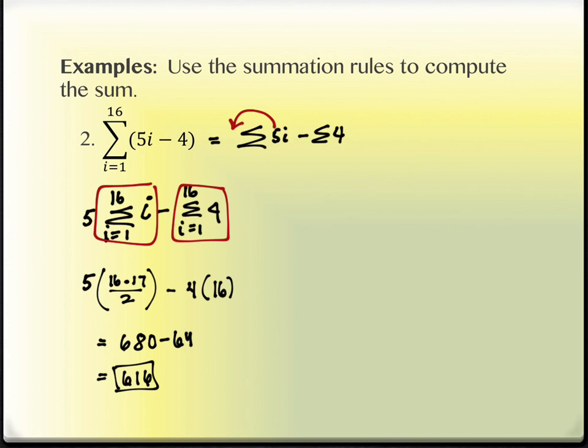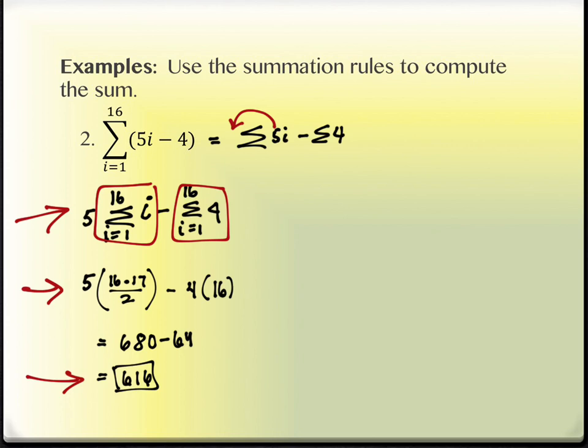So if I'm asked to use summation rules on a particular problem, what am I going to actually be doing on the paper? Well, everything that you write down here, you have to show the separation. You have to show the application of the formulas, and then you need to show the final answer down here. Those are the pieces that I want to see.